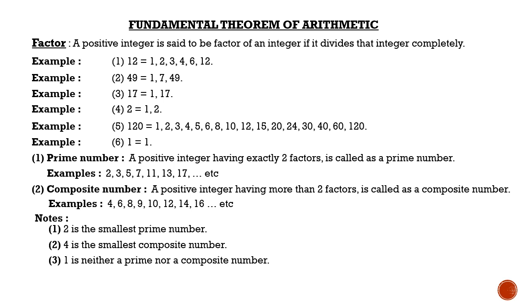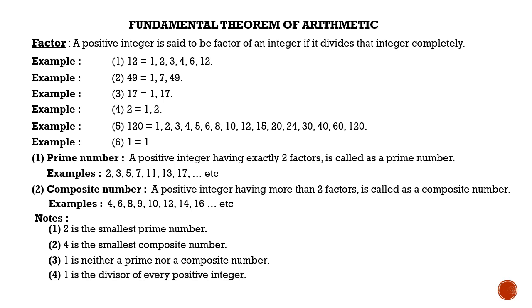To be a prime number, a positive integer should have exactly 2 factors, but 1 has only one factor, as you can see in example 6. And to be a composite number, a positive integer should have 3 or more factors. This is also not satisfied by the number 1. So 1 satisfies neither the definition of a prime number nor that of a composite number. That's why 1 is neither prime nor composite.